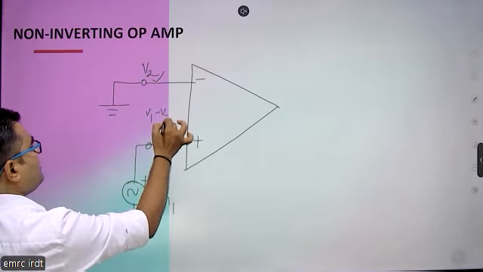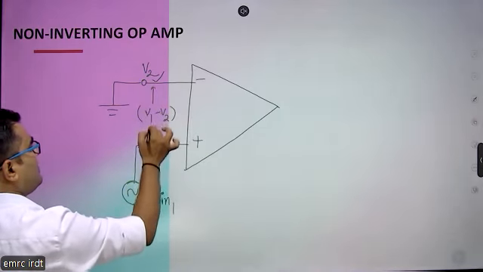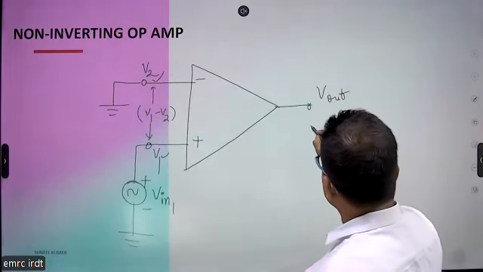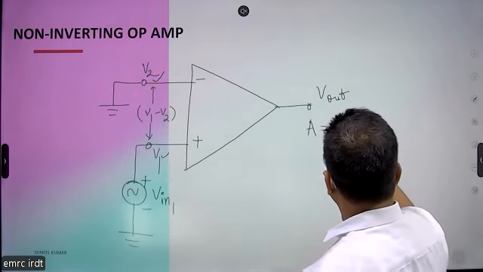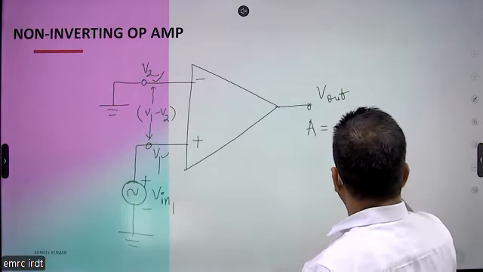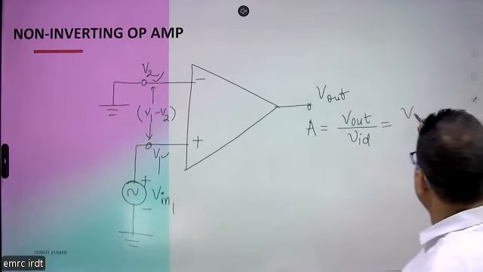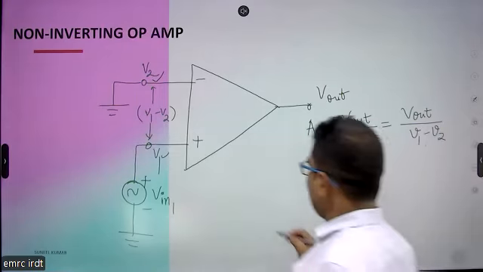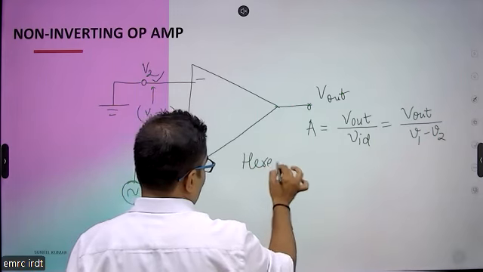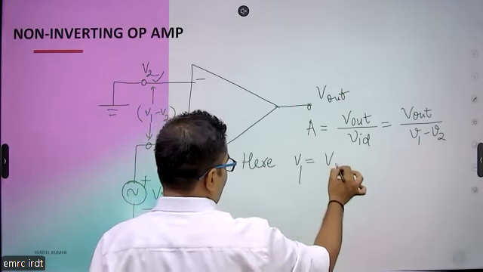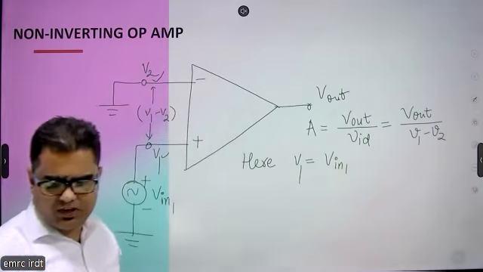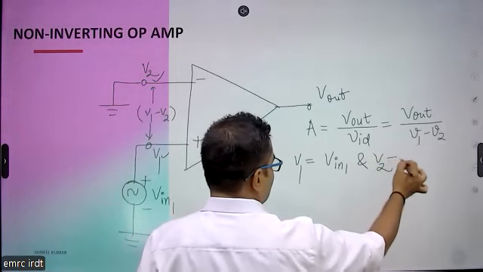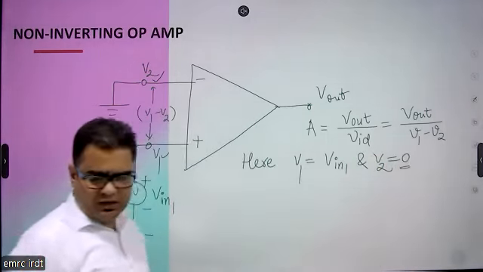So this is going to be amplified, that is the difference of these two voltages, V1 minus V2. So what will be the output? The gain A is equal to V output divided by VID, that we can write as V output divided by V1 minus V2. Here in the non-inverting op amp, V1 is equal to V input 1, the voltage source we applied at the non-inverting terminal, and V2 is 0, since the inverting terminal is grounded.